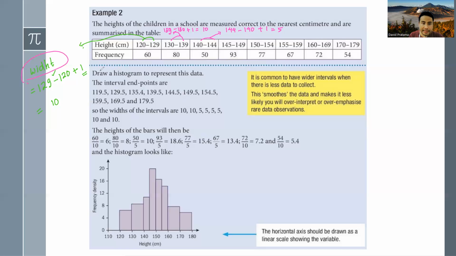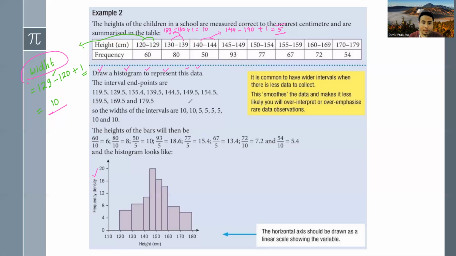The question is, draw a histogram to represent this data. Because we have different widths, one interval with width 10 and another with width 5, we need to represent the data in frequency density.